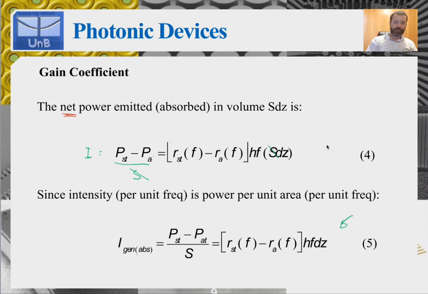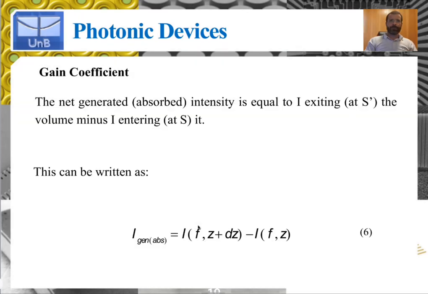The intensity of the generated beam, or absorbed if it's negative, is going to be equal to (R_st minus R_a) times hf dz. This is the intensity of the net power generated by stimulated emission inside the material.